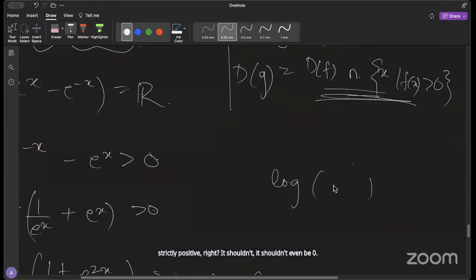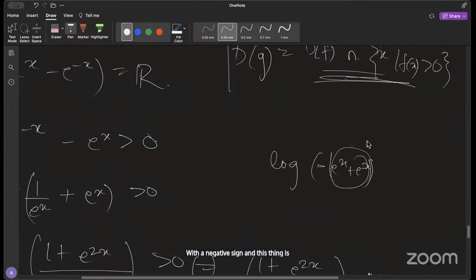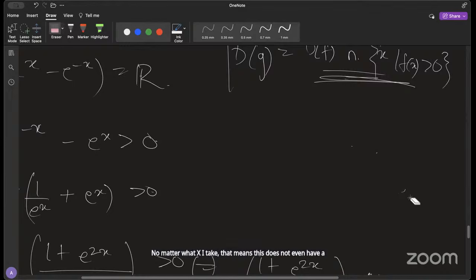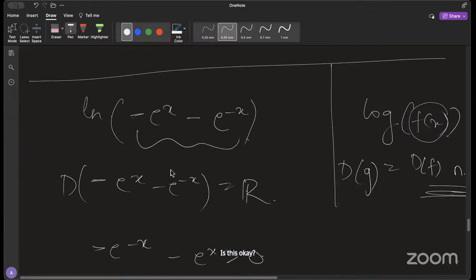And this time we have e to the power x plus e to the power minus x with a negative sign. And this thing is always greater than 0. So minus of this thing will always be less than 0. That means this entire argument of log can never be greater than 0, no matter what x I take. That means this does not even have a domain. This function is not valid. Is this okay? What's the domain of this then?